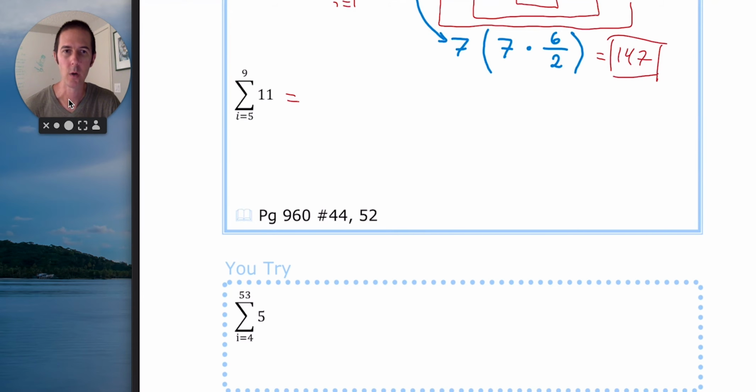Let's look at this weird one. Our I values, our index, it's unusual, is starting at 5 and going up to 9. So when I is equal to 5, what's your term value? What's your argument value? It's an 11. And when I equals 6, and 7, and 8, and 9.